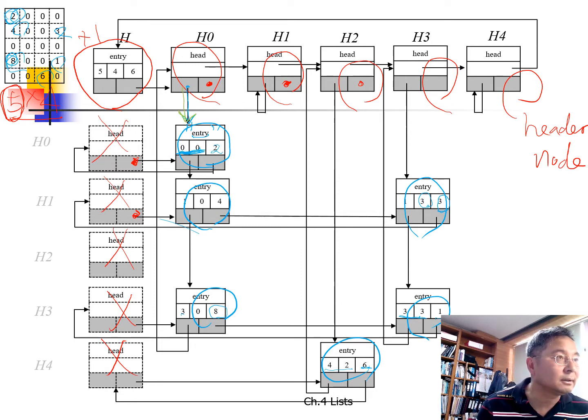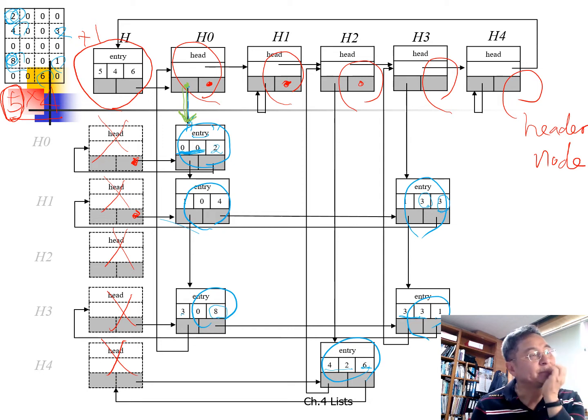Link field of this one is down. Down is used for the next non-zero value in the entry. Yes, this memory address will be stored in this pointer value, link field.